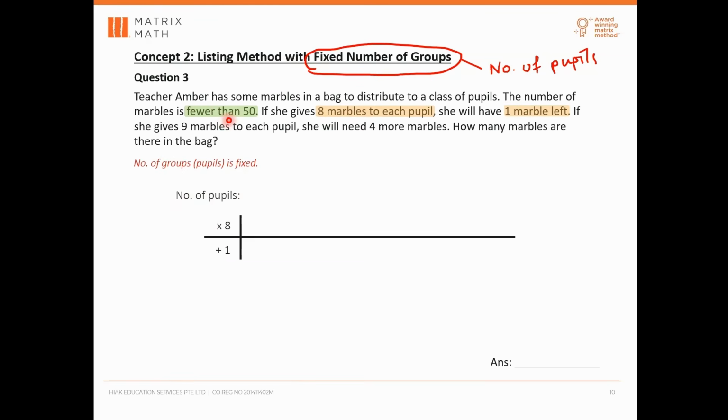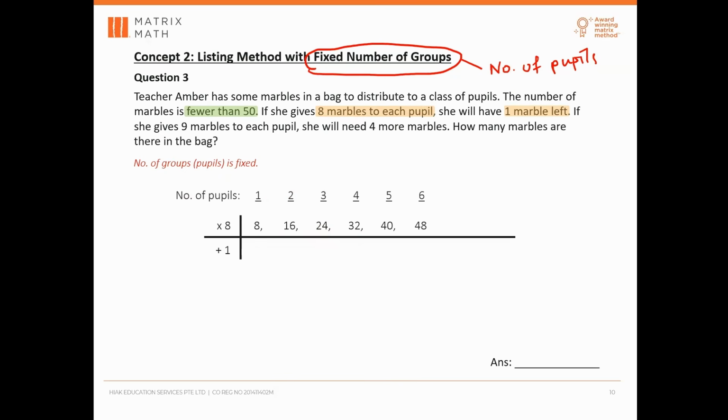And the range is fewer than 50. So you must start off with 1 pupil. 1 pupil is 1 times 8, because it's 8 to each. So 1 times 8. If it's 2 pupils, it's 2 times 8, which is 16. If it's 3 pupils, it'll be 3 times 8, 24. You keep doing this until you have a few numbers.